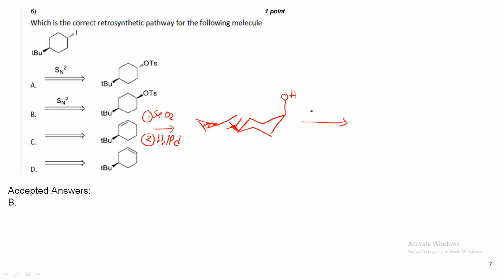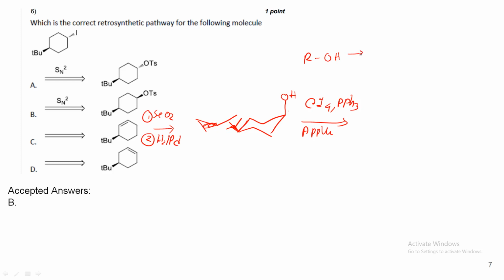Now from here we can use one particular reaction. You may remember this particular thing. What is it called? It is just the Appel reaction conversion. I hope all of you remember, but quickly I want to discuss.